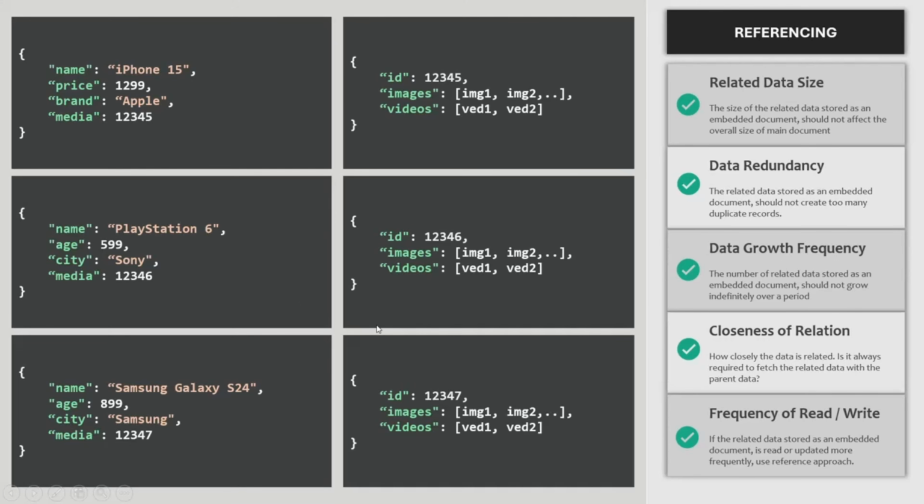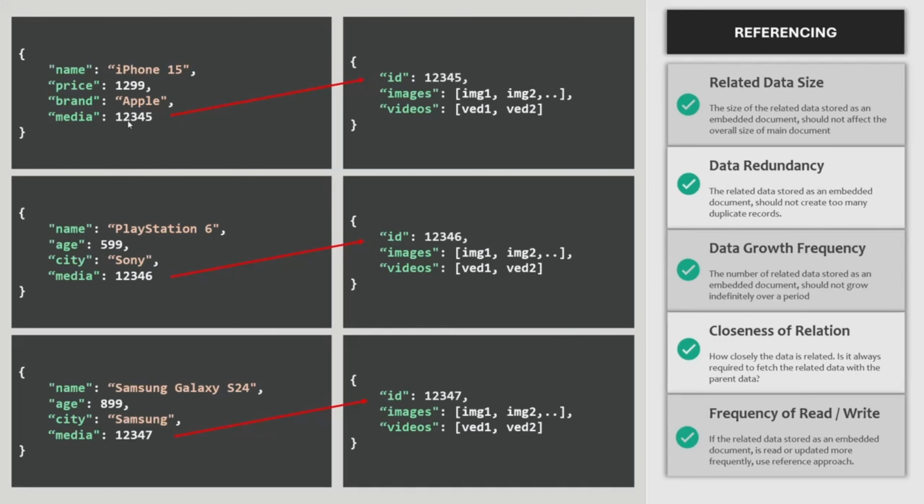And from the product document, we are going to reference the media document. As you can see, each media document has a unique ID, and we are going to store this unique ID in the product document for this media field. In this way, we are referencing the media document from the product document using its ID. And this is what the referencing approach is.